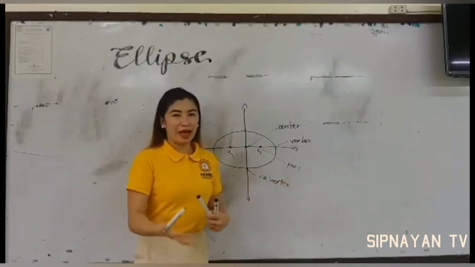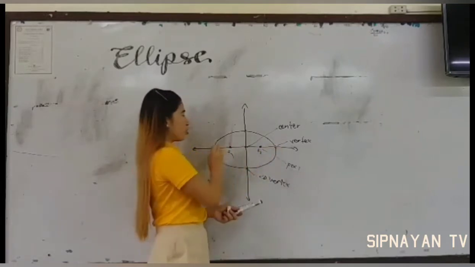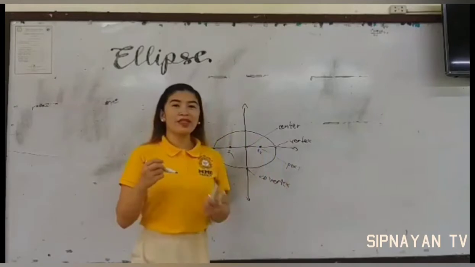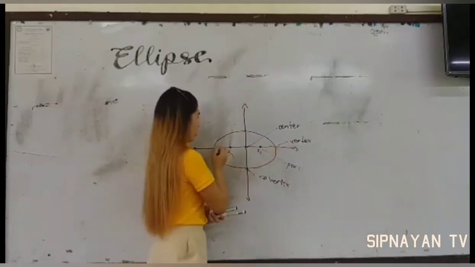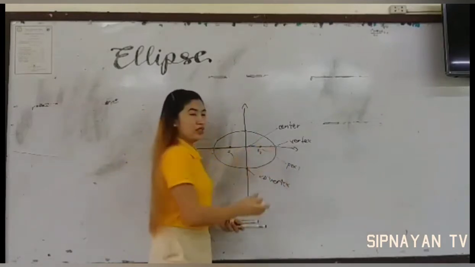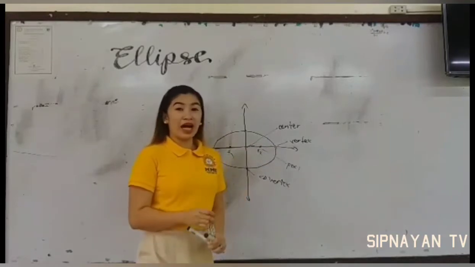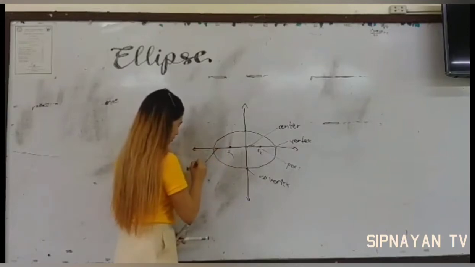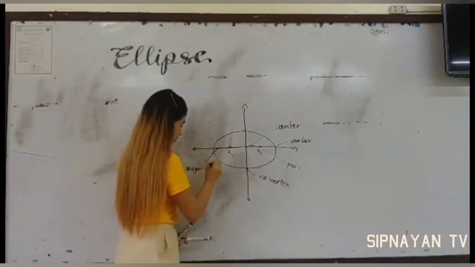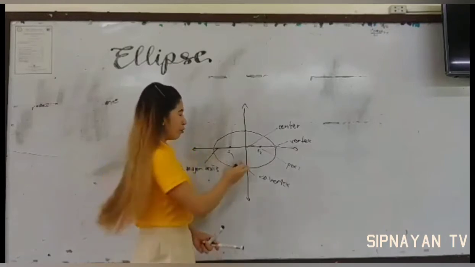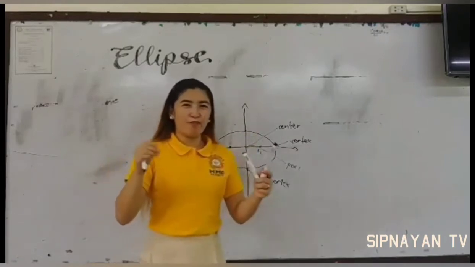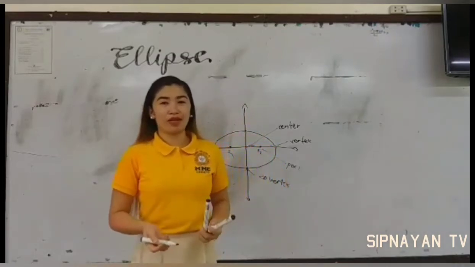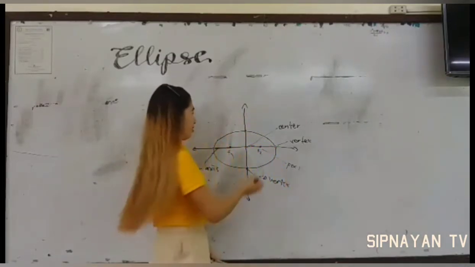Pag yung 2 points po natin ay tinawag natin vertex, ibig sabihin po, yung line na nag-connect sa kanila, this line, is the major axis. While naman po yung line na nag-connect sa dalawang endpoint natin ng co-vertices, yun po ang tinatawag natin, minor axis.